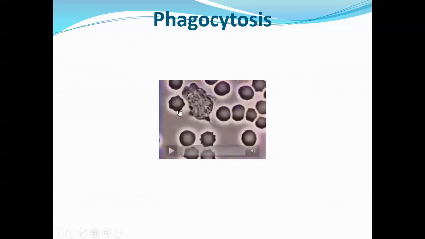So the first is that with that neutrophil chasing that bacteria, there has to be some kind of recognition. Why is it chasing that bacteria? It's because that bacteria is sending out signals: I'm foreign, I'm non-self. So there has to be some kind of ligand-receptor activation going on there, right?